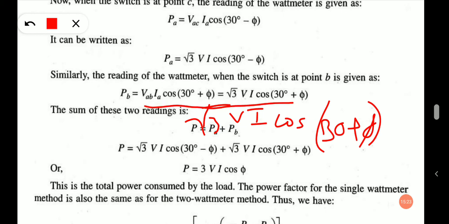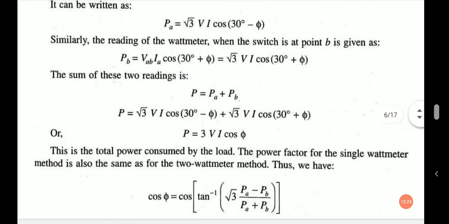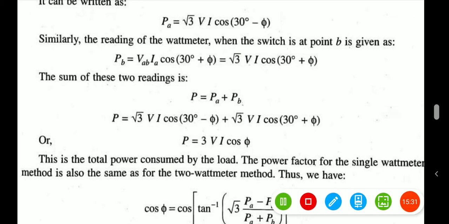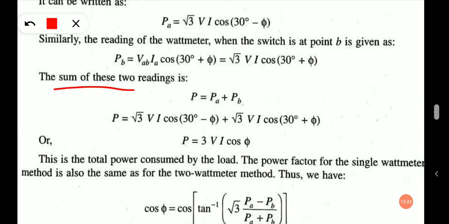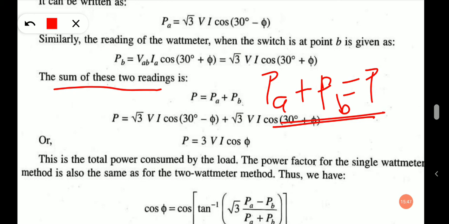Okay, so the sum of these two readings: if we consider the sum of the first condition PA and now PB, this sum will be P, that is PA plus PB.